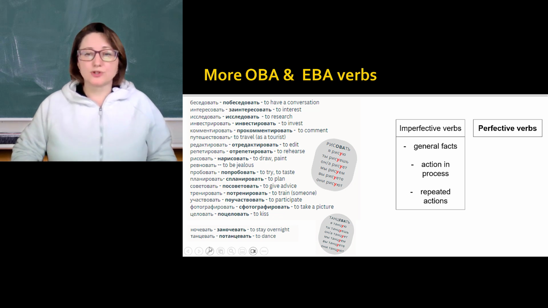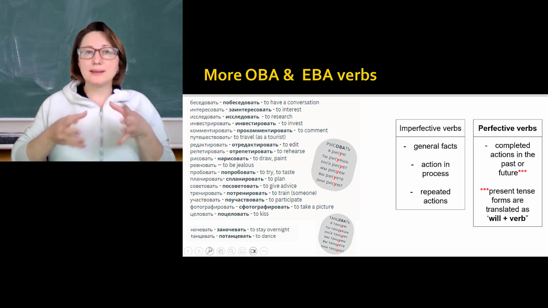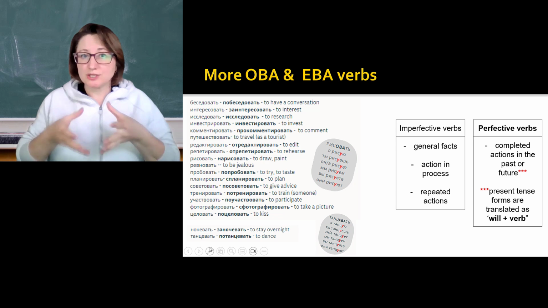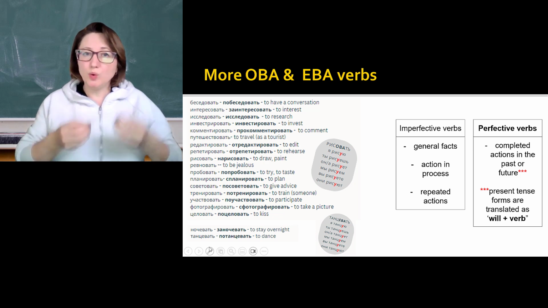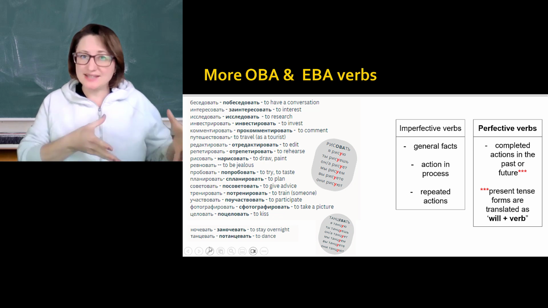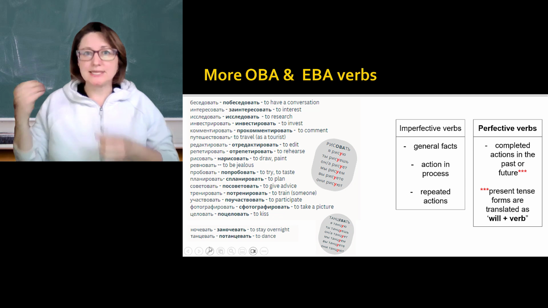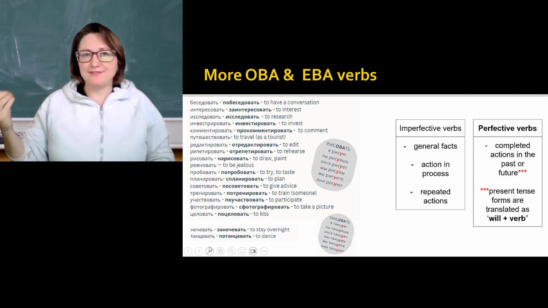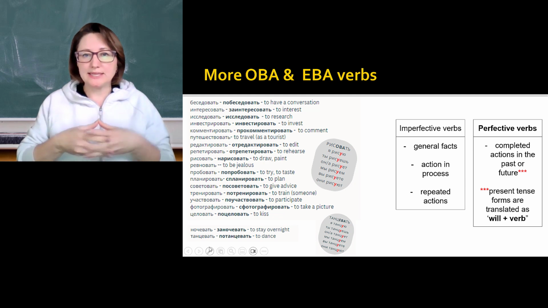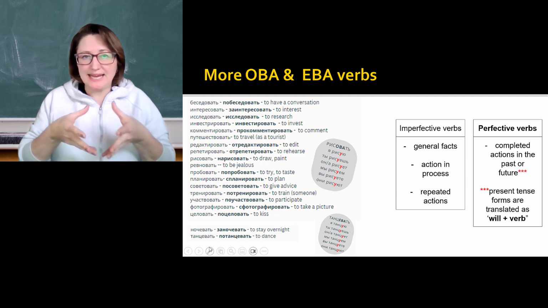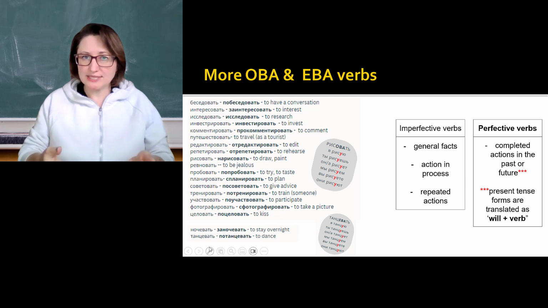Then perfective verbs are used for completed actions. And completed actions, just because they're completed, can only be used in the past context, I did that, this action is completed, or a future context, as in I will have it done, I will have it completed. But they cannot be in the present tense because the present tense means an action in process, and that's going to be the imperfective verb.